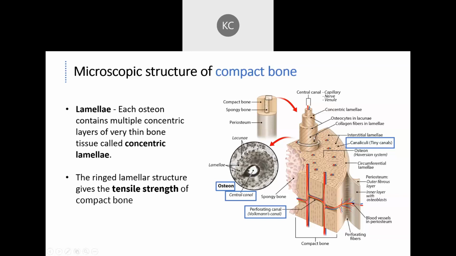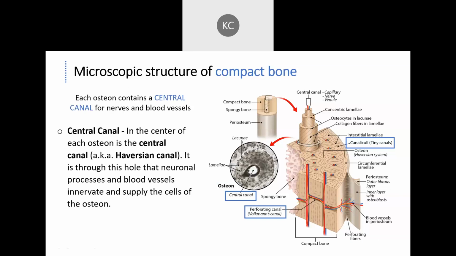The crossing of these collagen fibers in the lamellae provides the bone with some flexibility and some strength in various directions. We have different types of lamellae: interstitial lamellae, circumferential lamellae, concentric lamellae. But in general they're all circular layers of collagen fibers and bone that help make up this osteon.